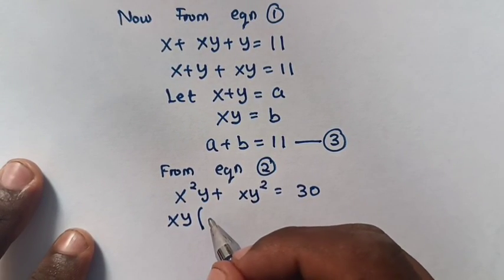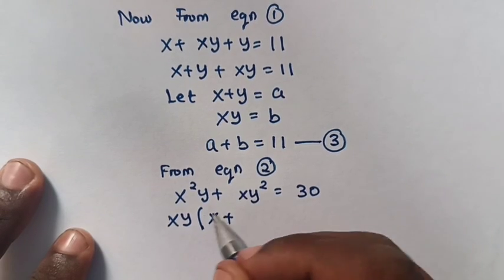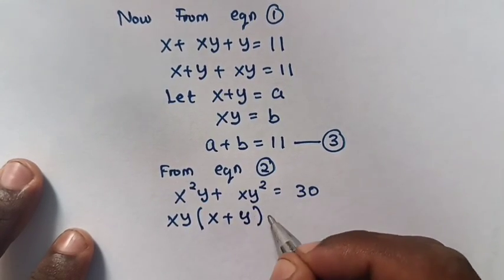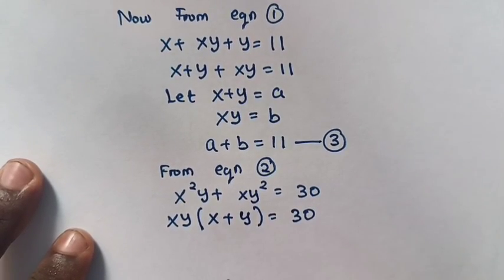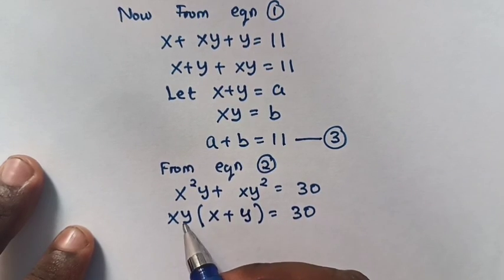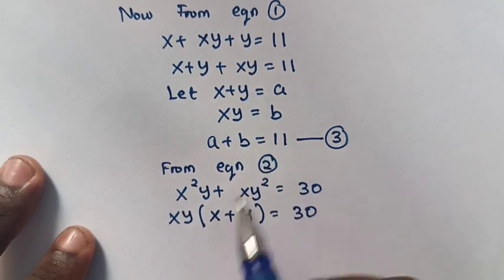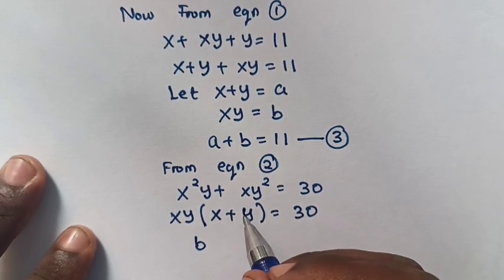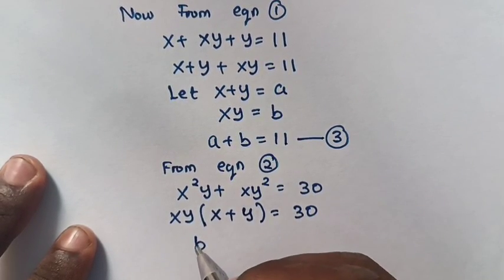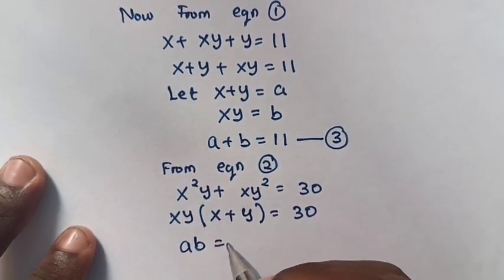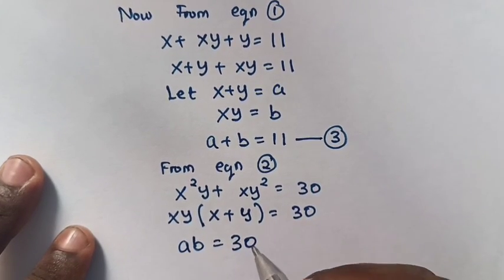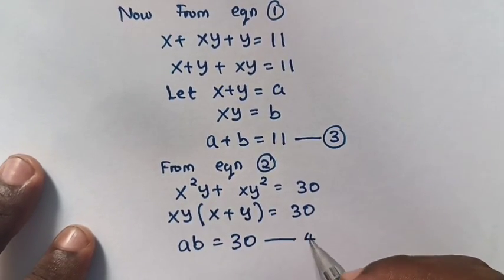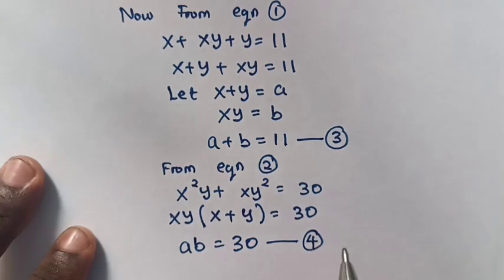This divided by this is x, and this divided by this is y, bracket is equal to 30. But xy we let before is b, times x plus y, which is a. So it will be a times b is equal to 30. We will call this equation 4.